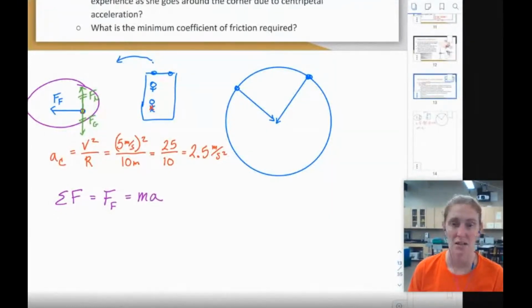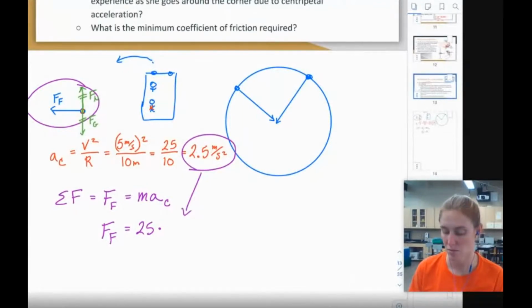In this case, our acceleration is the centripetal acceleration, or the acceleration to go in a circle. And so I get my frictional force is equal to her mass, which is 25, times the acceleration to go in a circle, which I just figured out, so that's 2.5. And I get 62.5.